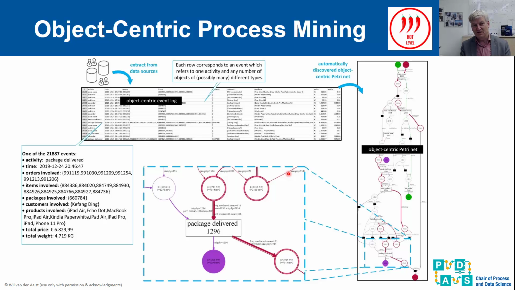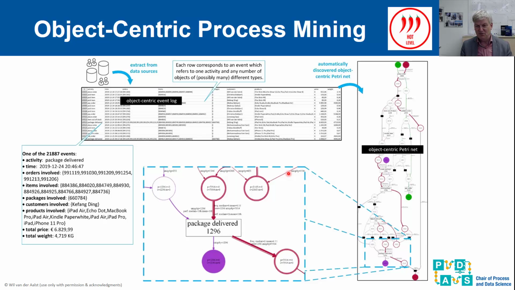But this is what it looks like. We load an object-centric event log, and we automatically generate a model that is capturing the different types of objects. In this diagram, we see the items, that is the red flow. We see the orders, that is the green flow. And we see the packages, that is the purple flow.